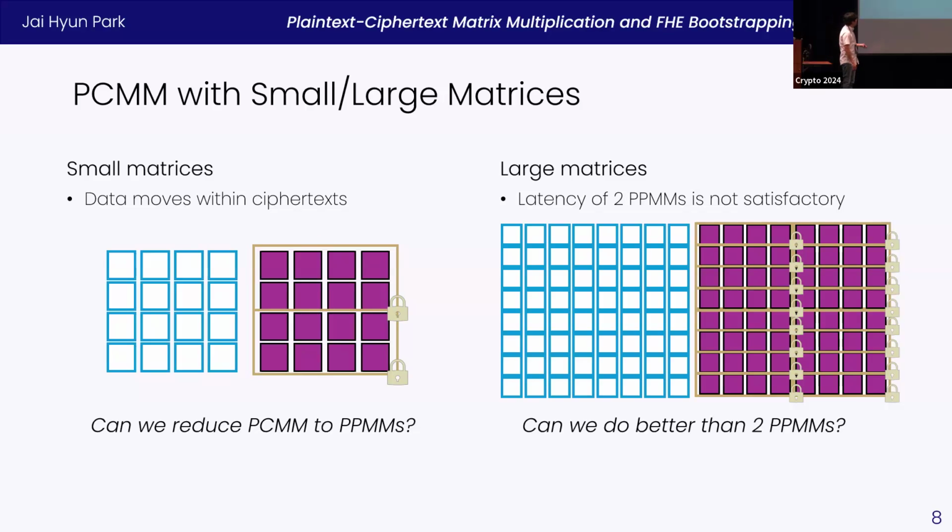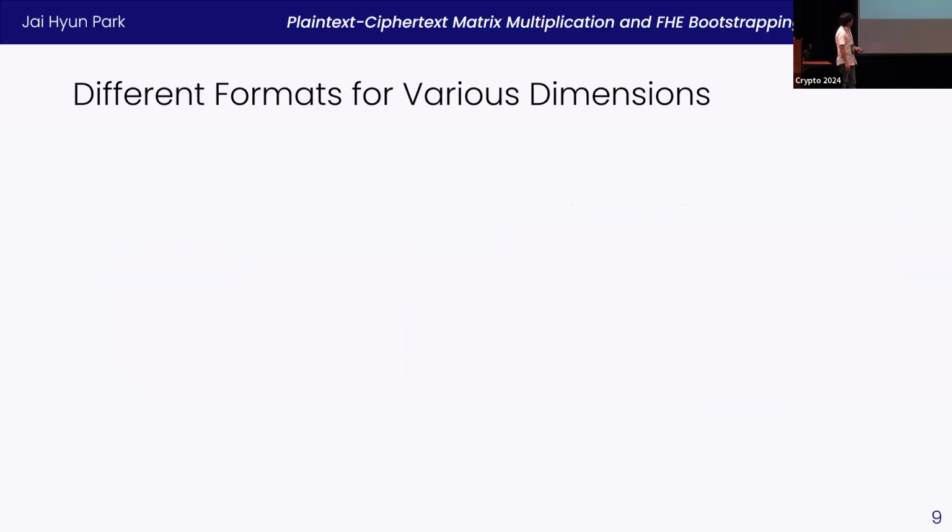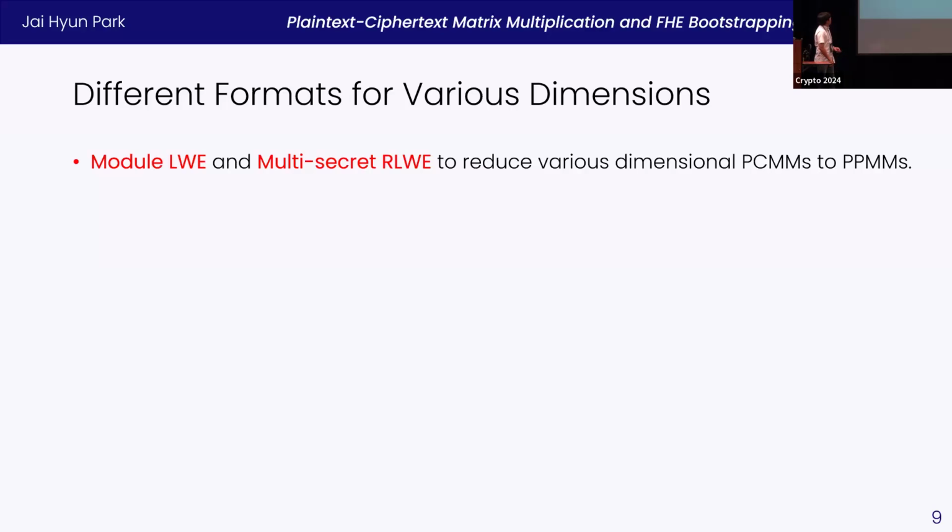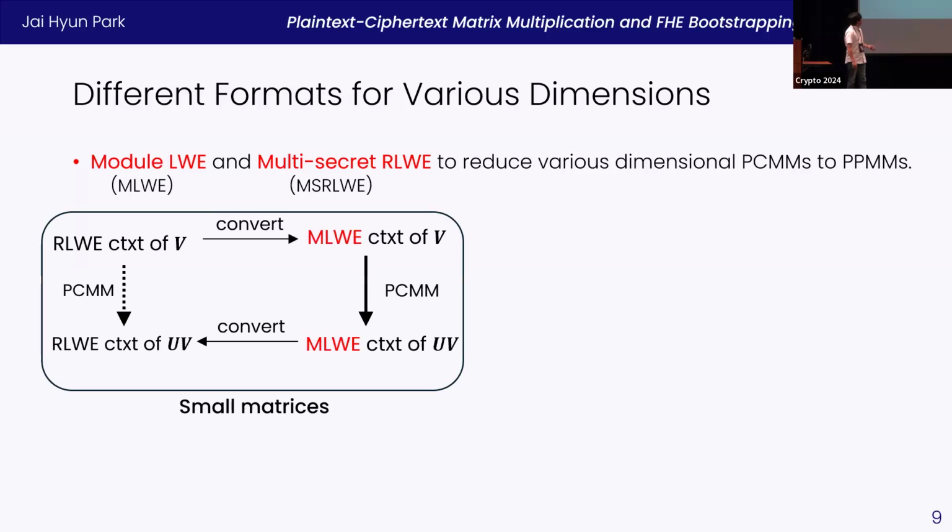We solve these issues by using different formats of ciphertext. Precisely, we use module LWE and multi-secret ring LWE formats. For small matrices, we use module LWE ciphertext. As I mentioned, the ring LWE-based PCMM was difficult to reduce to PPMM.